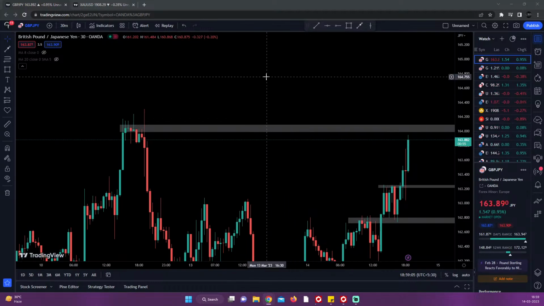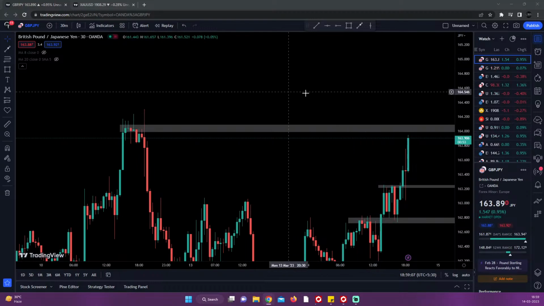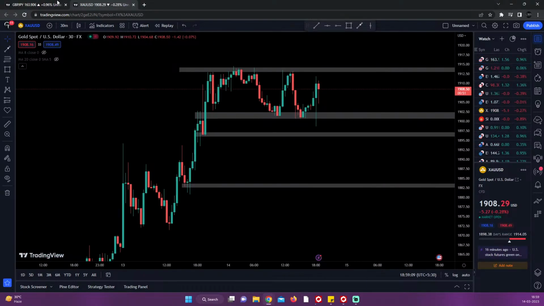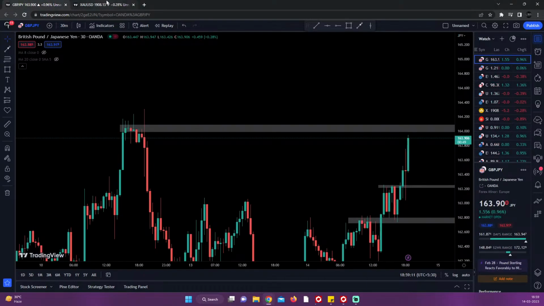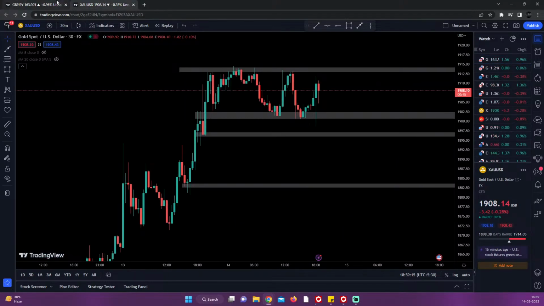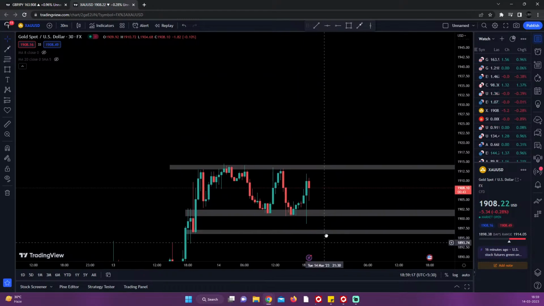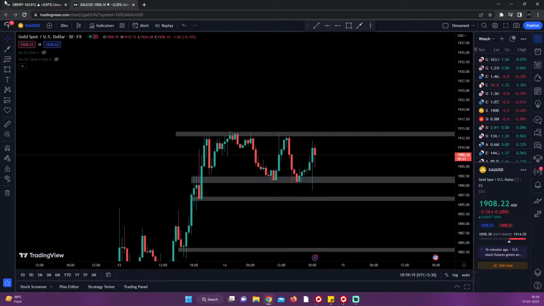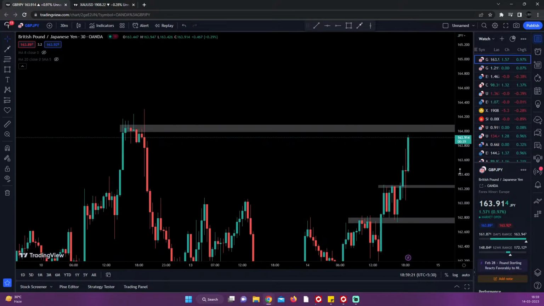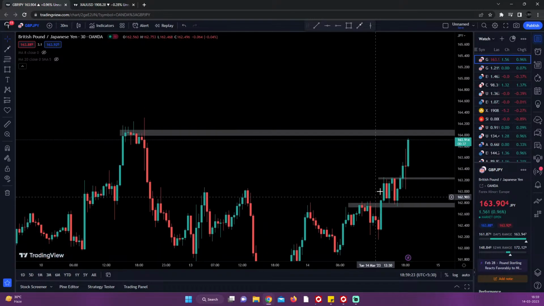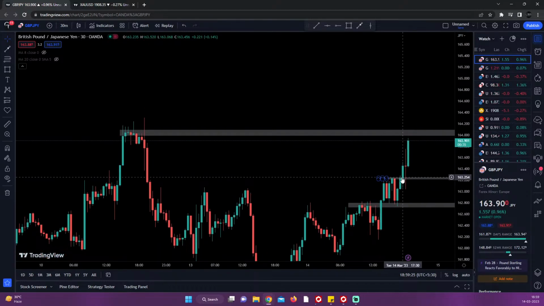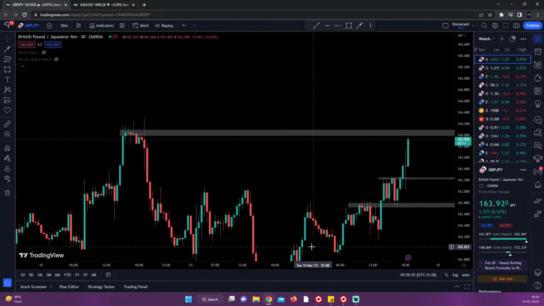So nothing, we just have to wait now. Nothing is happening in the market, we just have to wait. Gold is ranging, GBP JPY has already made the move, nothing else is happening.